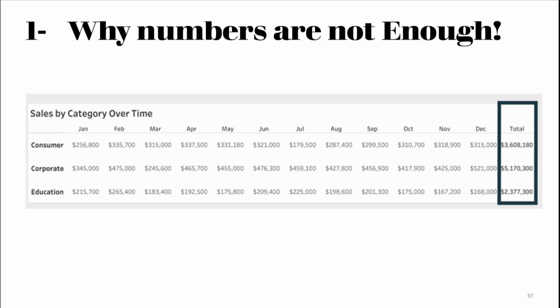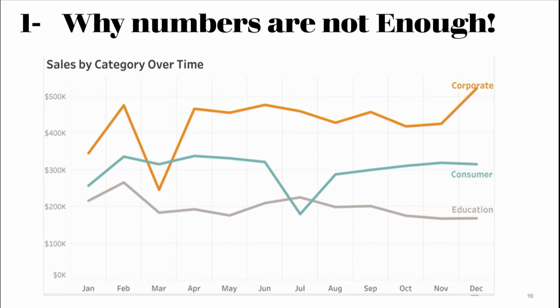But since we have months here, what you need to think about now, and I'm giving you a hint for the answer, is to plot this data as a timeline analysis. So you move your data into what we call time analysis data, and as you can see now, automatically this information has been revealed to you as a line chart.